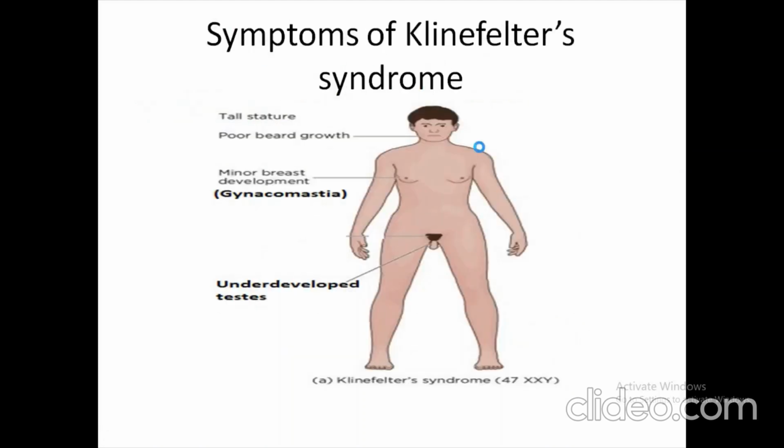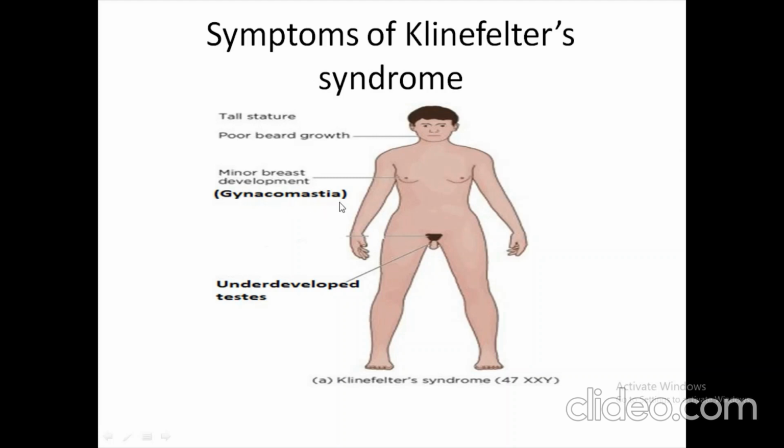Now, the symptoms of Klinefelter syndrome. As we have already discussed, the persons suffering from Klinefelter syndrome are sterile males. They have a tall stature, so they are abnormally tall, and they show a special feature called gynecomastia.